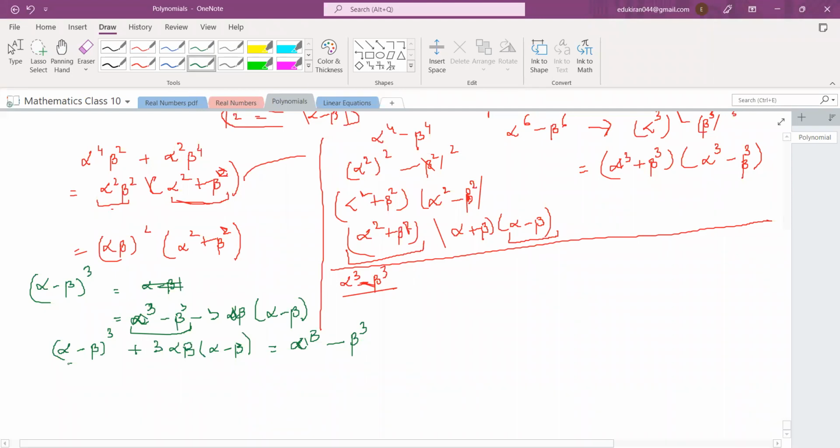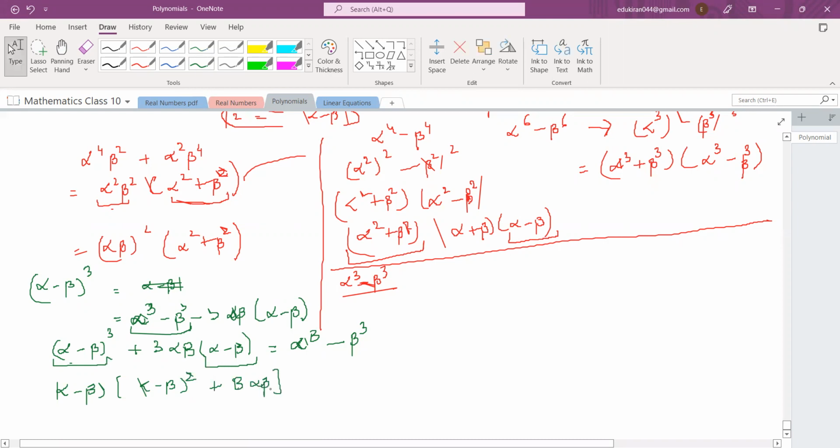What can I do here? I can do one thing, like in both the terms, you can see there is an alpha minus beta and there is an alpha minus beta, right? I'm just trying to simplify the LHS. So I can take my alpha minus beta outside, clear? Yes. And then inside I'll be left with alpha minus beta whole square, and then plus 3 alpha beta.